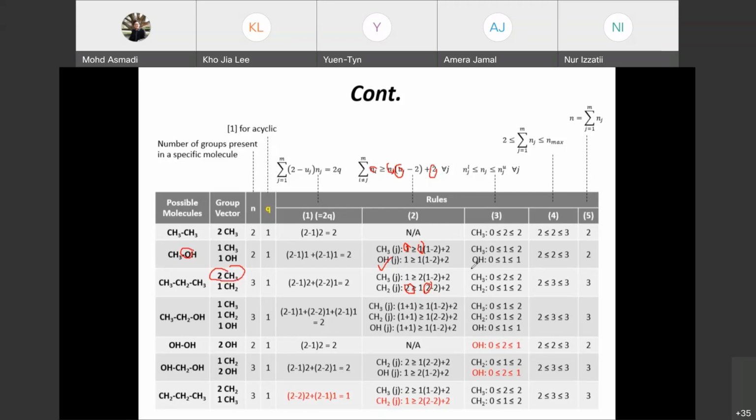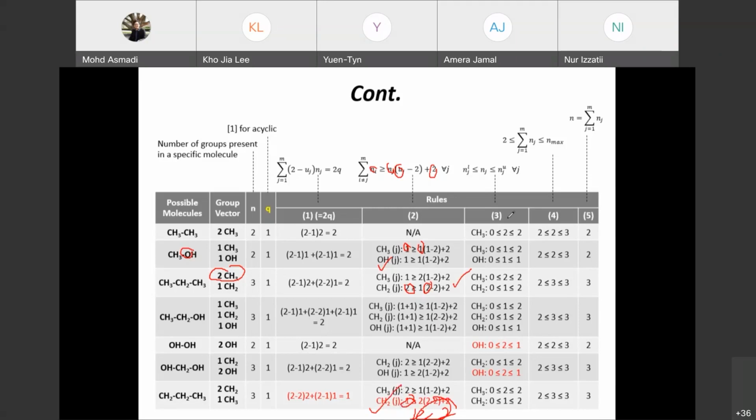So it's feasible. This one is not feasible. Why? 2 minus 2 is equal to 0, times 2 is equal to 0. So meaning that 1 more than or equal to 2 is not feasible. That's why it's red. Okay, so CH2 CH3 is not feasible. It's already red color, right?